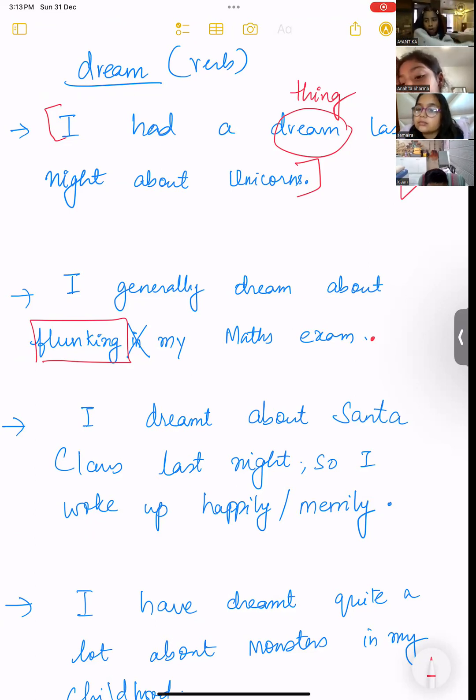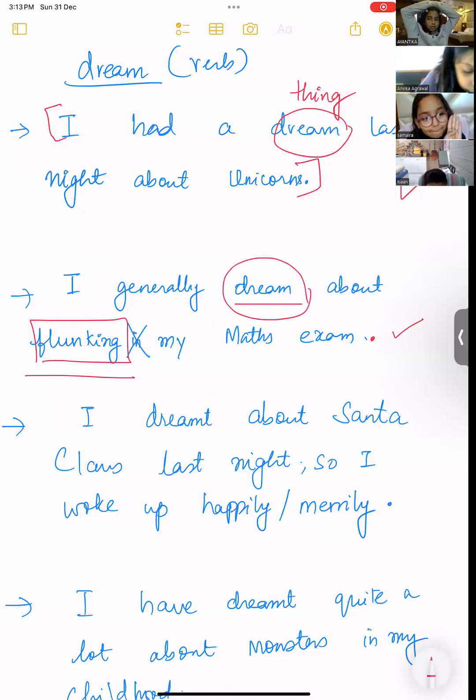Now here, I generally dream about flunking my maths exam. Which tense is it? How do we identify which tense it is? Firstly, we will underline the verb. There are two verbs here, dream and flunking.